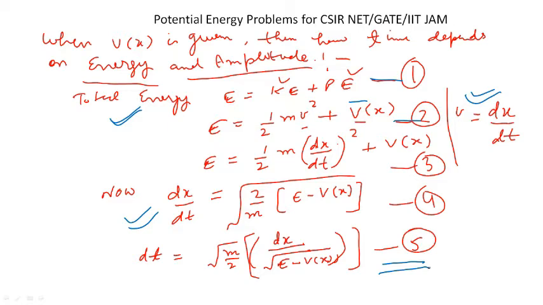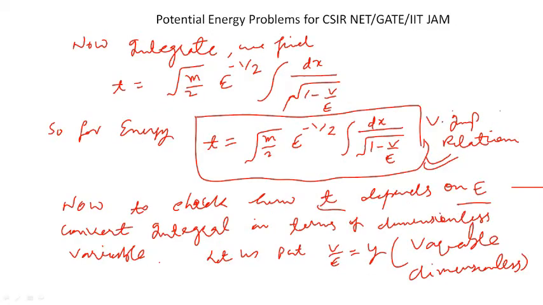Now we will find the value of t. How can we find the value of t? We will integrate equation number 5 and then it comes out to be t equal to root of m/2 E to the power minus 1/2 integral dx upon root of 1 minus V/E. Here E is the total constant, so we can take it out.